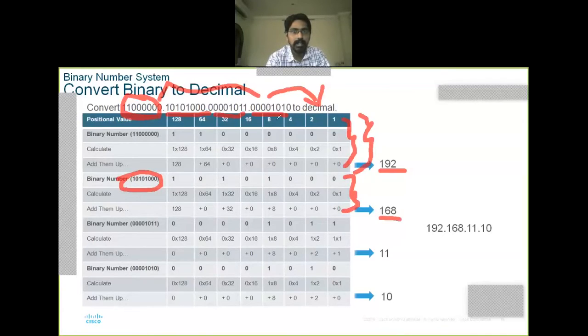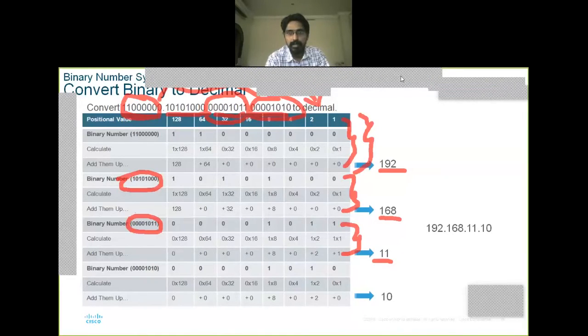Next, what is the third octet? 0 0 0 0 1 0 1 1. So perform the same operation. After applying that operation, what is the value we are getting? 11. Next, the last octet, 0 0 0 0 1 0 1 0.